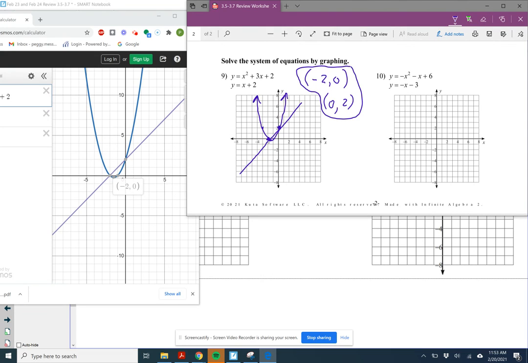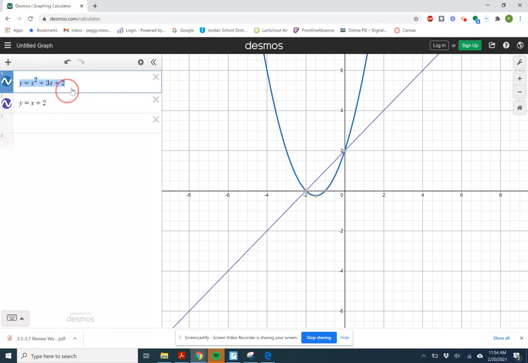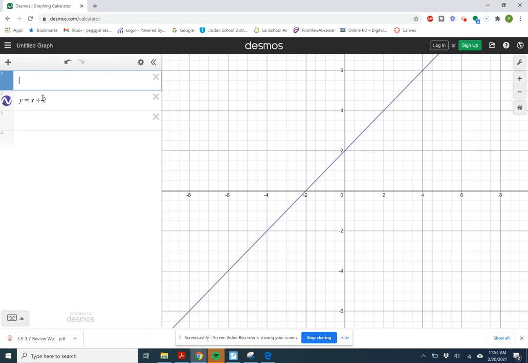Okay, let's do problem number 10. I'm going to first graph them on desmos. Y equals negative x squared minus x plus 6, and y equals negative x minus 3. So let me pull out my desmos, make it bigger again. And I'm going to graph the two different equations.